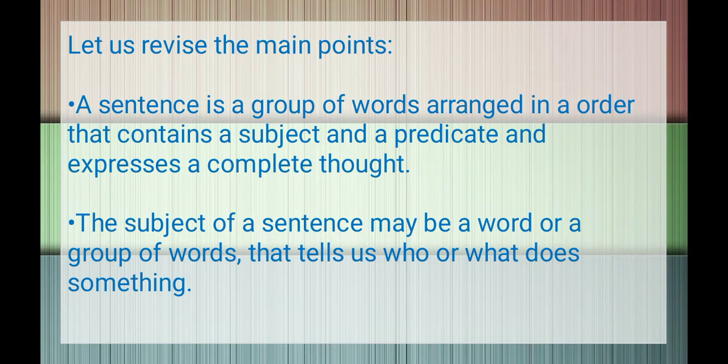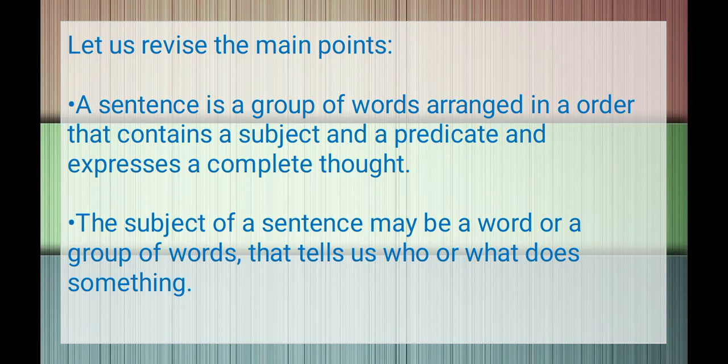So let's revise the main points, what we have recalled, what we have revised. First, we all know that a sentence is a group of words arranged in an order that contains a subject and a predicate, and a sentence expresses a complete thought.